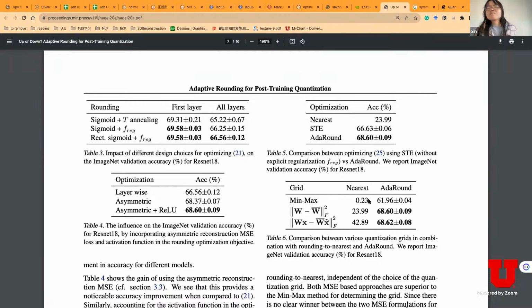Yeah, so it seems for some models, rounding to the nearest gives very low performance, and the learned rounding can improve them a lot. This is perplexity. No, this is on ImageNet, on ResNet 18.